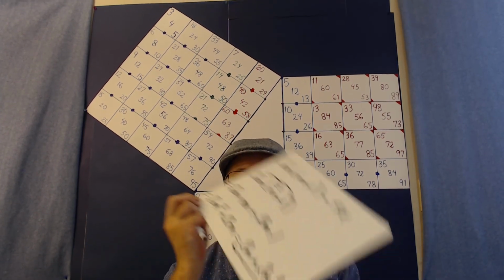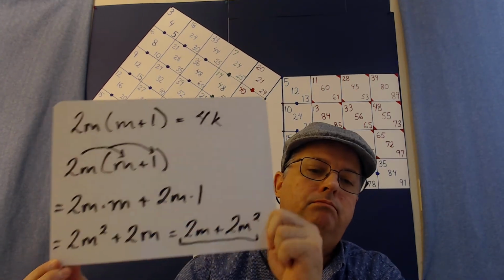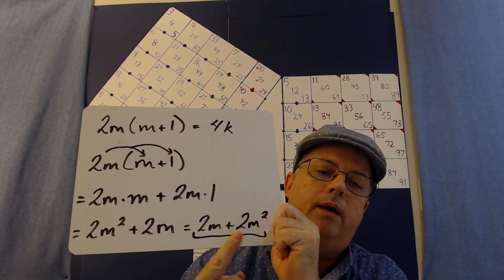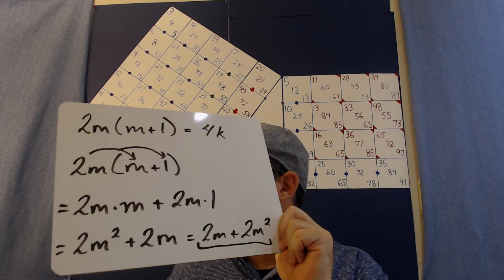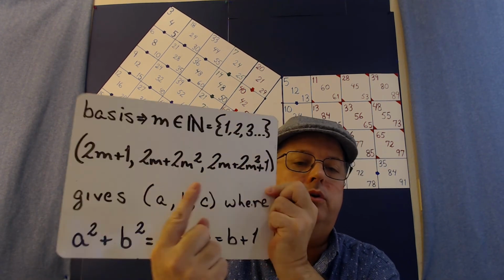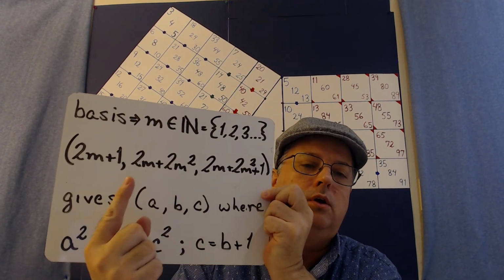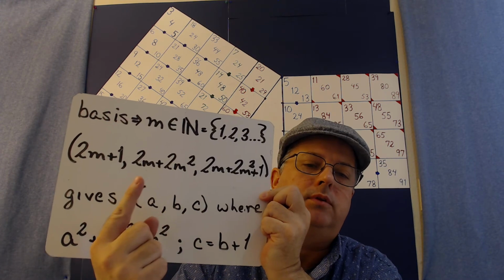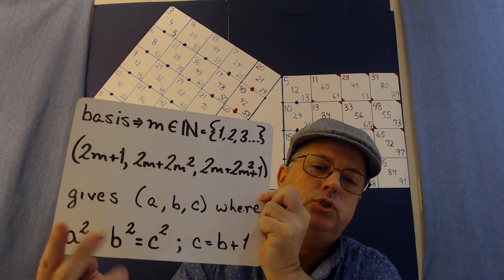And so now we have that middle expression, 2m plus 2m squared, that we had in our formula that generates Pythagorean triples here, 2m plus 2m squared. So this expression always gives us a multiple of 4. So there we have it.